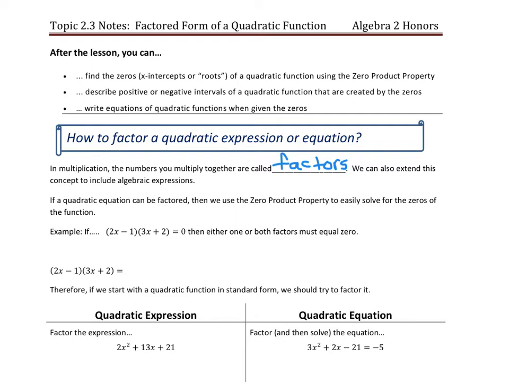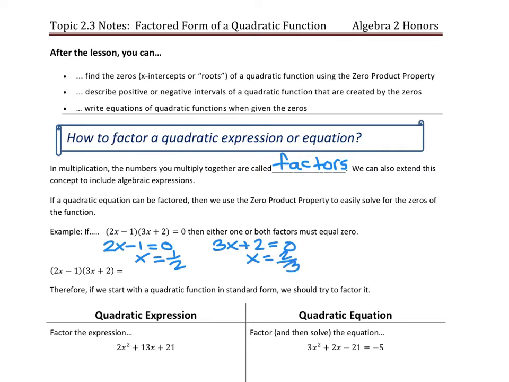So we can put 2x minus 1 equal to 0 and 3x plus 2 equal to 0. The process by which I just did that is using the zero product property. Once we have these two simple single variable equations left over, then it's quite easy to solve. And you can see here that x equals positive 1/2 and x equals negative 2/3.